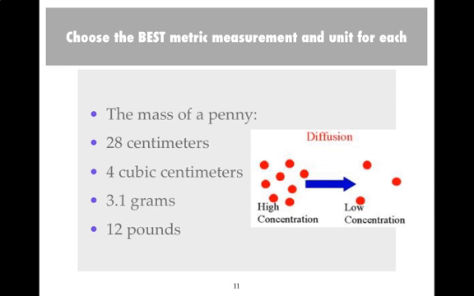Okay, I want you to take a second and look at the options here for the mass of a penny. Maybe refer back to your notes to see what the unit was for mass, and then select the best answer. Okay, you should have selected 3.1 grams. Grams is the metric measurement for mass, and the penny is 3.1 grams.